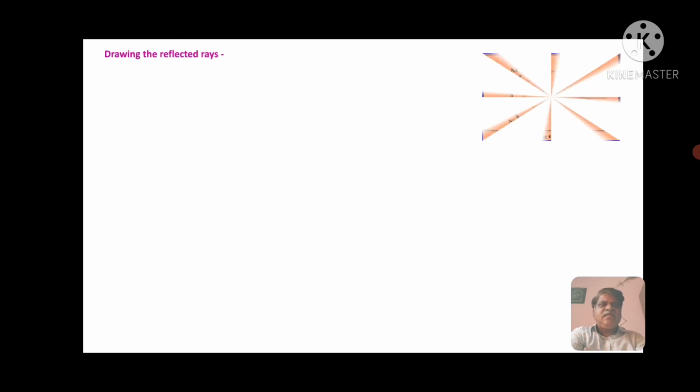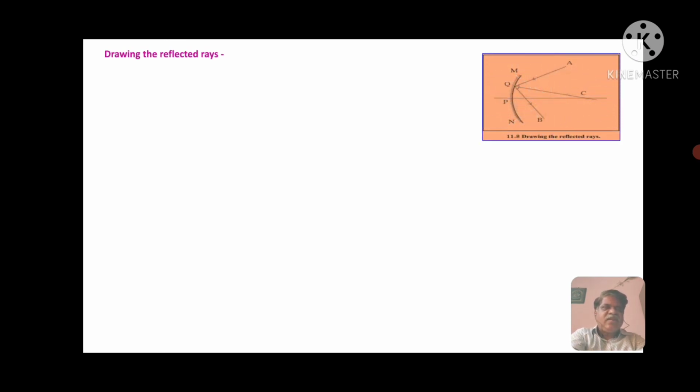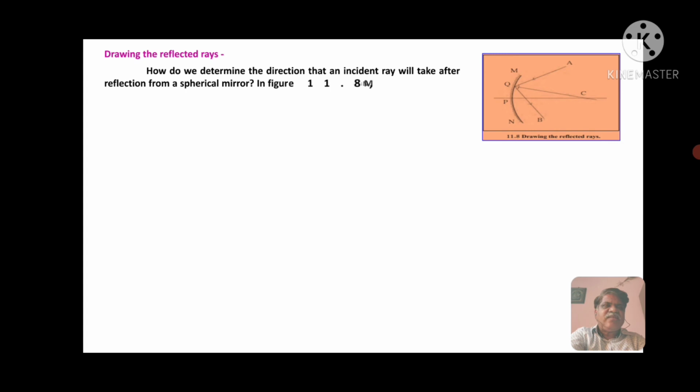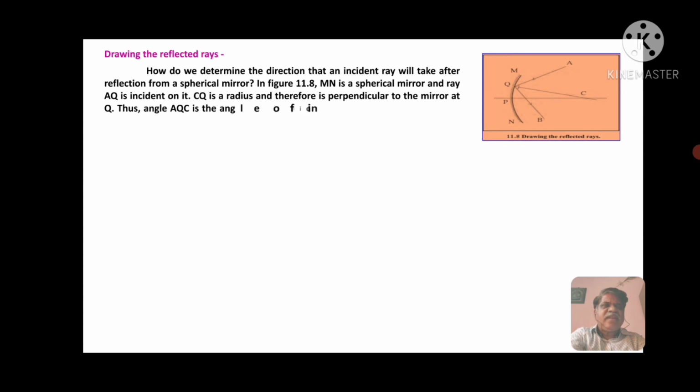Drawing the reflected rays. Friends, you can see in the adjoining figure how the rays are to be reflected. How do we determine the direction that an incident ray will take after reflection from a spherical mirror? In the adjoining figure 11.8, MN is a spherical mirror and ray AQ is incident on it.